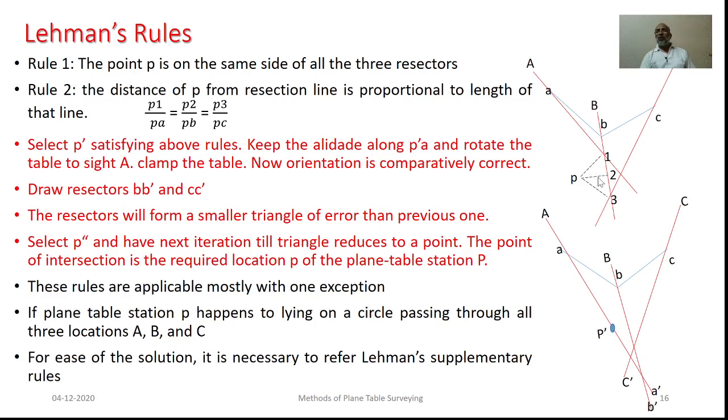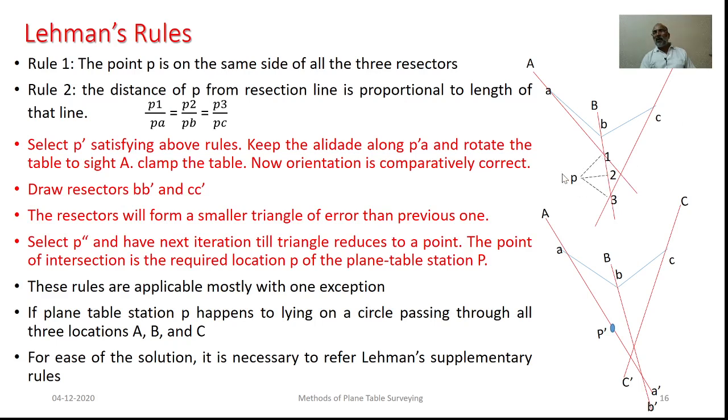Now, we wish to plot the position of P, representing capital P that exists on the ground, by making use of the ground stations and their respective locations a, b, c. So, through small a, by sighting capital A, we produce the resector. Similarly, through small b, by sighting capital B, we produce the resector, and similarly through small c and capital C. There is formation of a triangle of error.